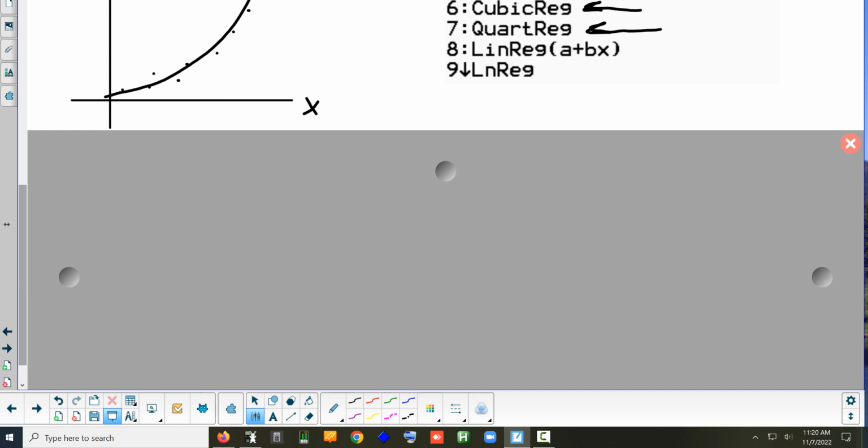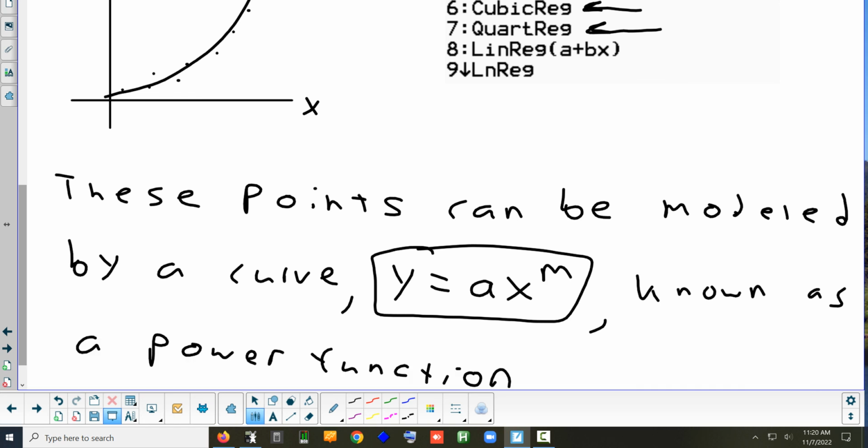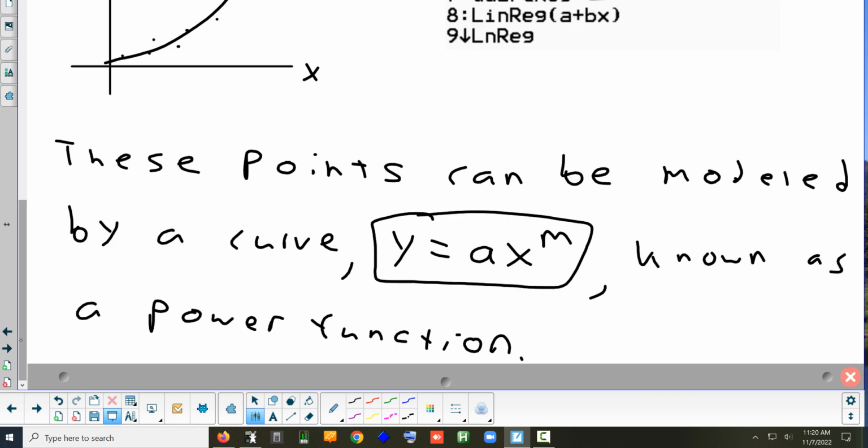We're going to look at a special type of curve called a power law, or a power curve, or a power function. And a power function is basically, you can think of it as a polynomial that's a single term. It's a single term. Y equals 3x squared. That would be a power law.